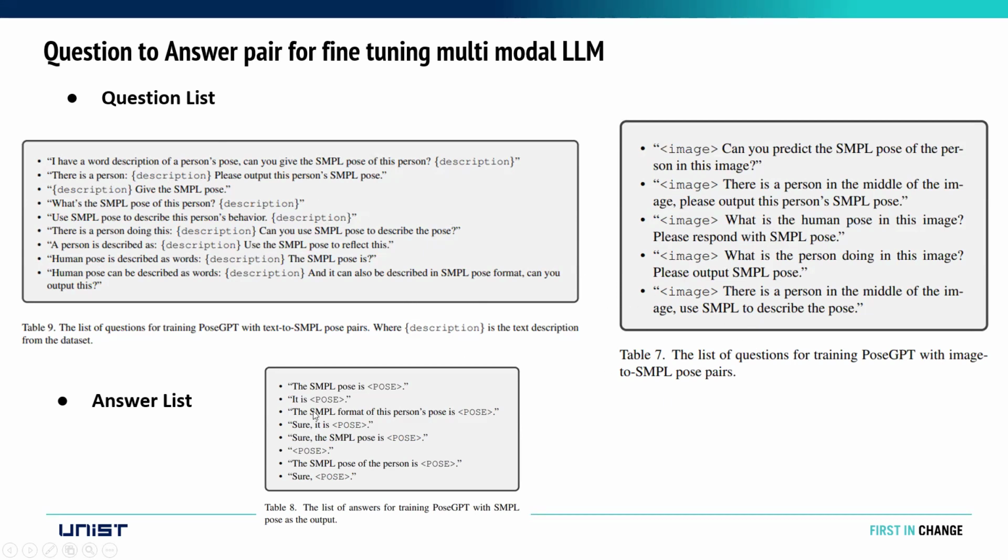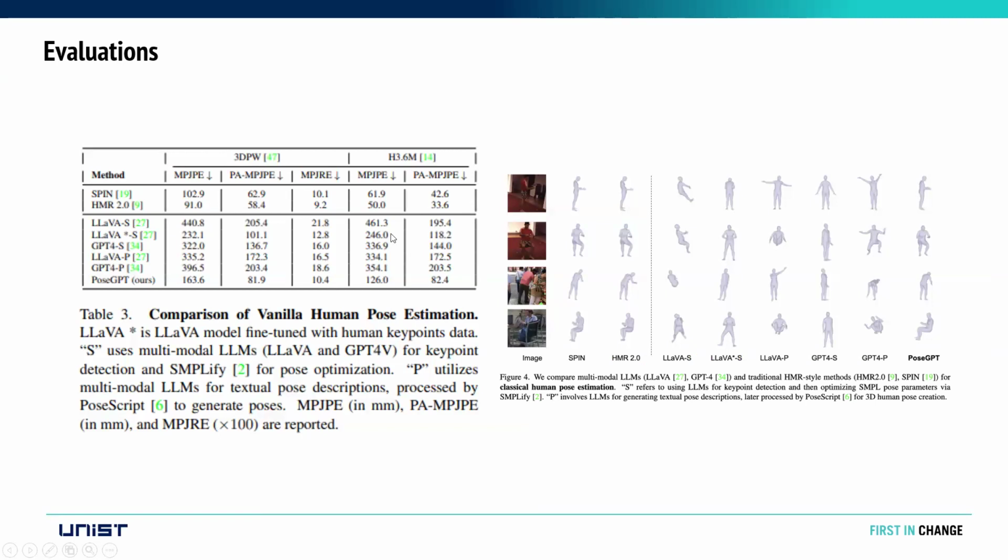As we can see, instead of answering only with a pose, they provide different text as output, and they can also accept different questions to PoseGPT. For evaluation, they also conducted experiments on the 3DPW dataset and the Human3.6M dataset.